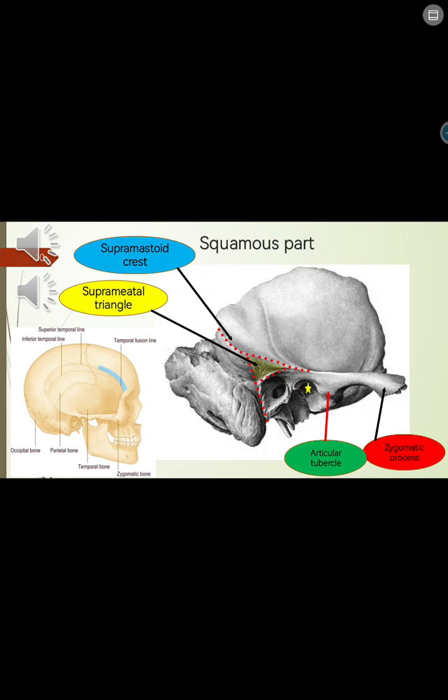So this triangle is important, and you should pay attention to this triangle. It is important in clinical anatomy.